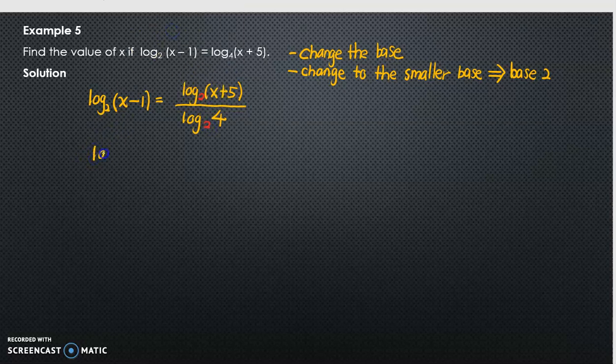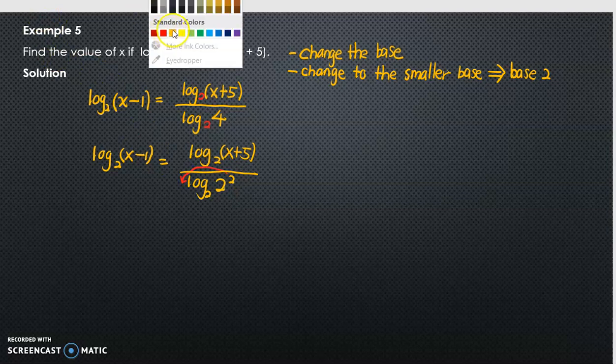This is how we're going to change the base. Next, log x minus 1 base 2 is equals to log x plus 5 base 2 over, from 4, I can change to 2 power of 2, base 2. So next, I will bring the index up front.